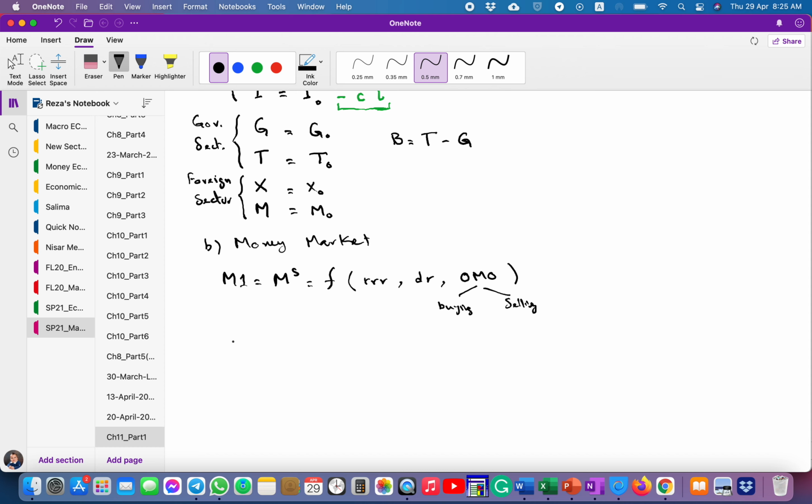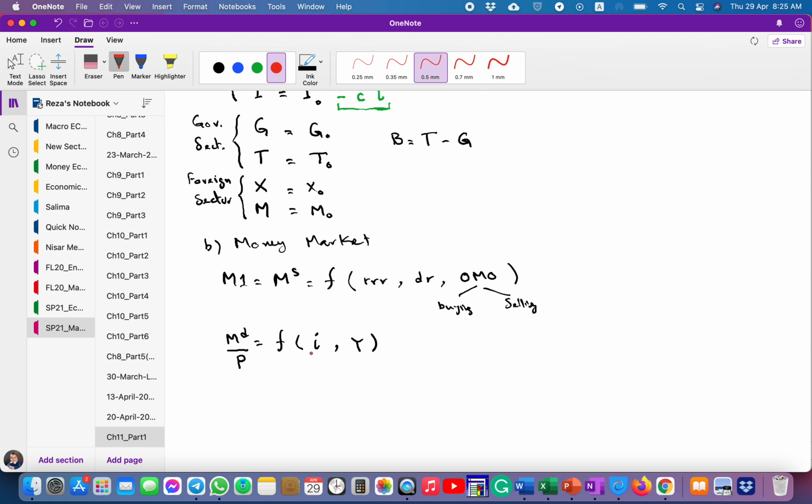But the money demand is actually in real terms, so we have to divide it by the price. It is a function of interest rate and level of income.